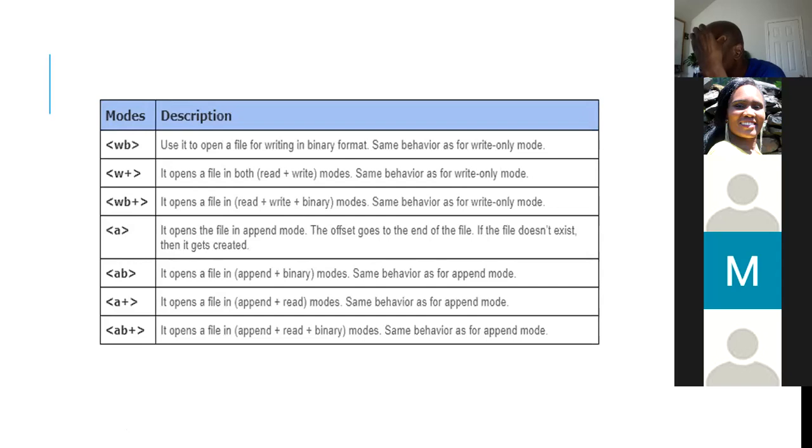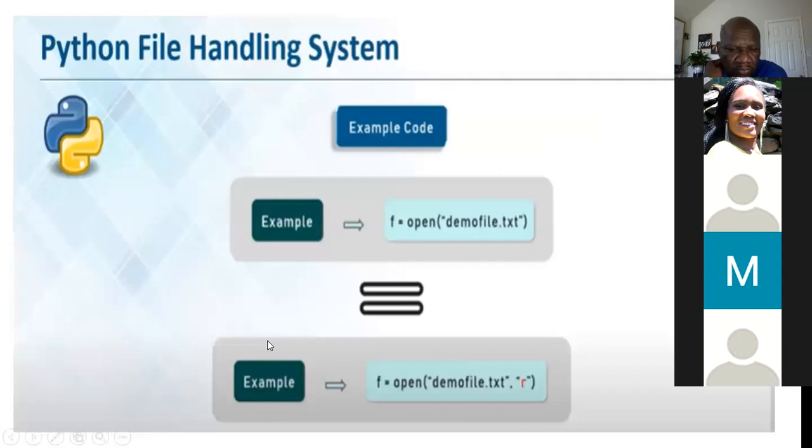So it begins at the end of it. And then we have AB, which is append binary, A plus, append and also allows reading, and then AB plus, append, read, binary. Those are things that you really have to remember as we are handling these.